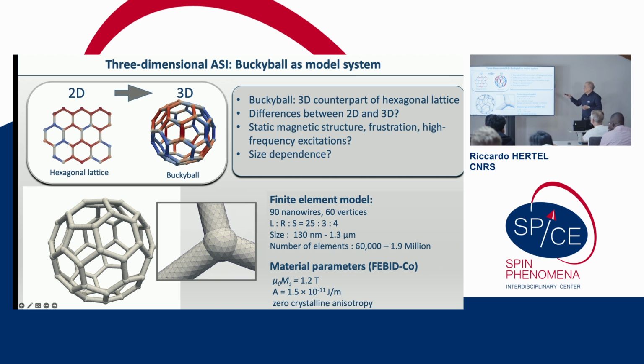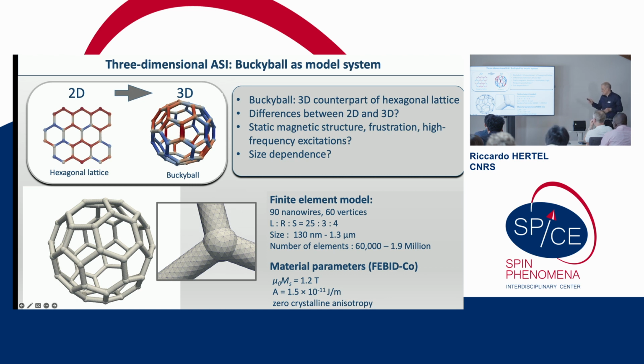And so what we wanted to investigate is, are there any differences between such three-dimensional geometries and the rather well-known two-dimensional ones? What is the static magnetic structure, things like magnetic frustration and the high-frequency excitations developing in these geometries, and whether there's a size dependence. And so here you can already see that the ability to discretize this sample with finite elements is quite useful, because with a relatively small amount of cells, we can have a very smooth geometric approximation.